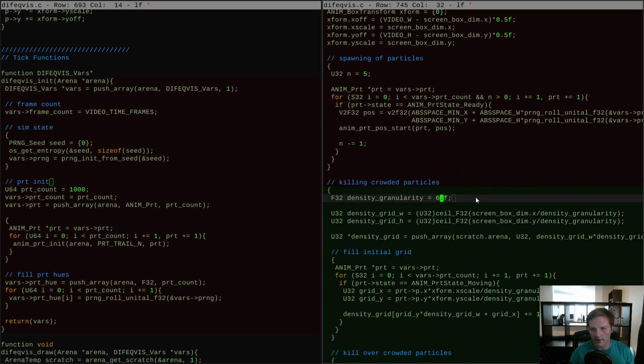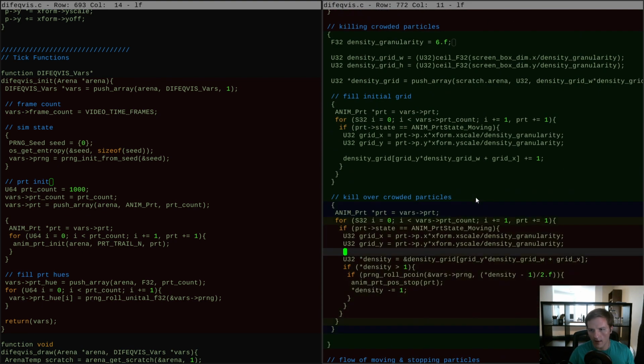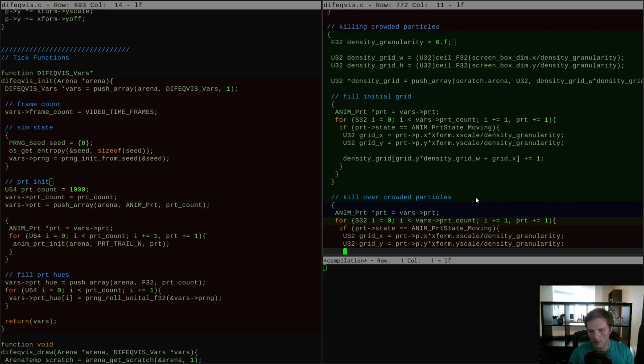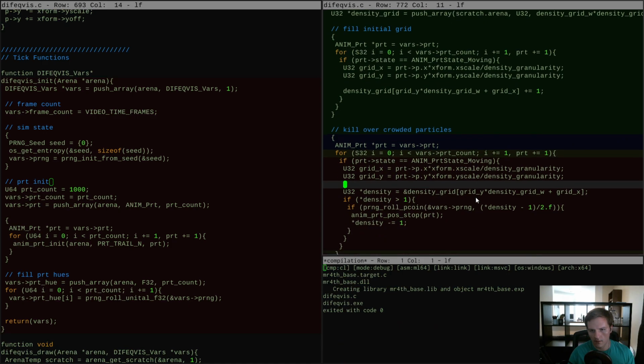And then we could up this, and that'll help keep density down more aggressively. Cool.